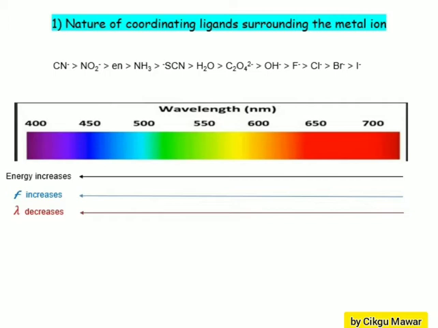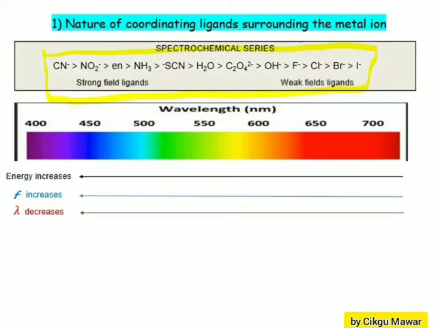The most important thing is that you must know the strength of the ligand. I have listed a few ligands here. This is the spectrochemical series, where the left side is the strong field ligands and moving from left to right leads to the weak field ligands.